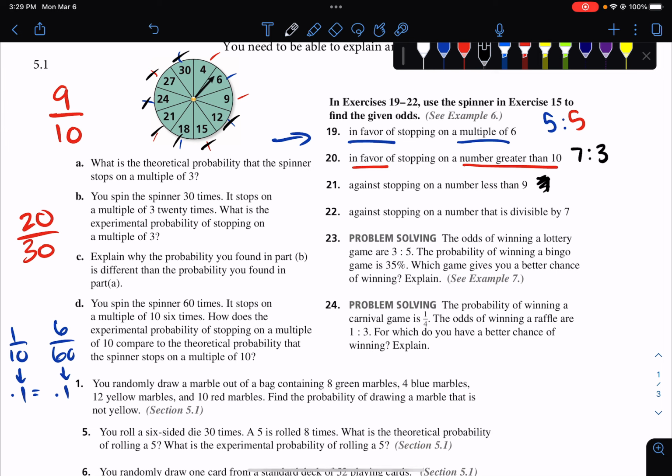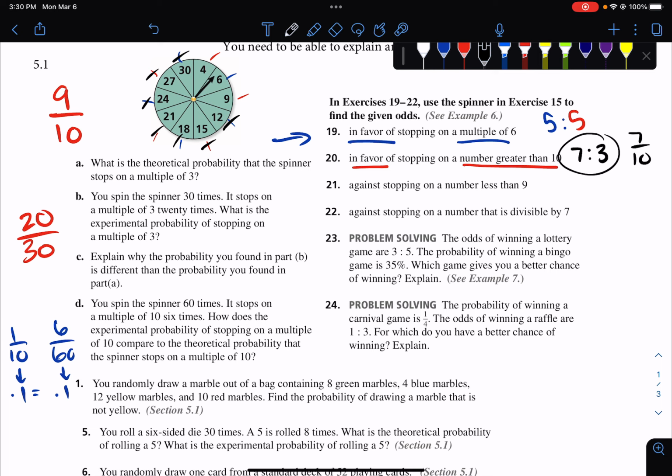And there are 3 numbers that are not. So the way I write the odds are 7 colon 3. Remember, odds and probability are different. The probability of getting a number greater than 10 would be 7 out of 10. But the odds in favor are 7 colon 3. So you got to be really careful that you write these questions appropriately.